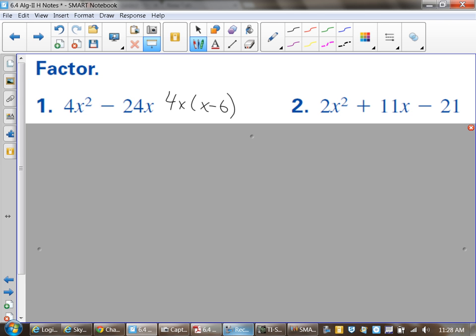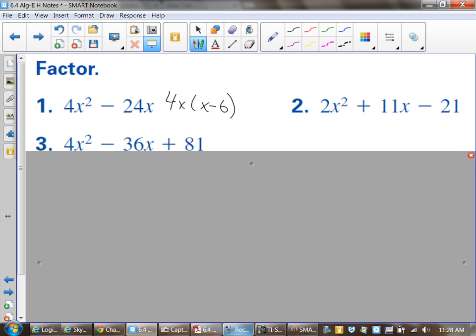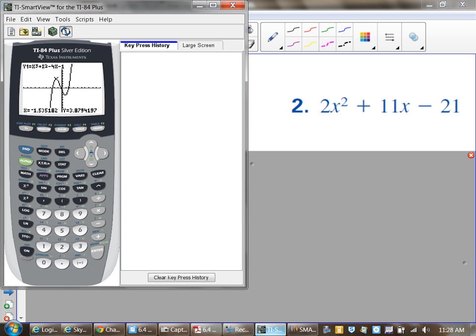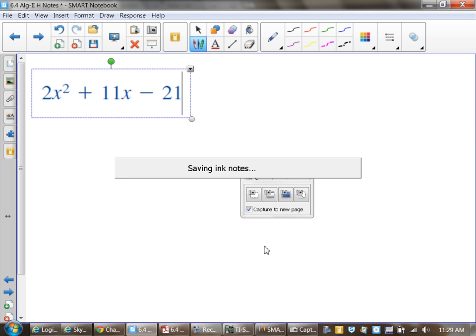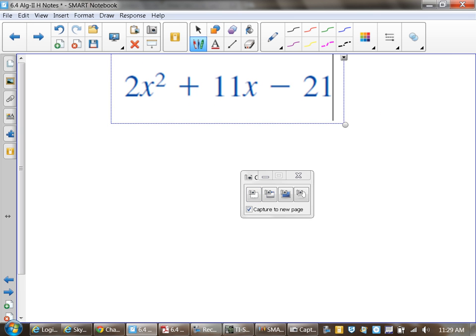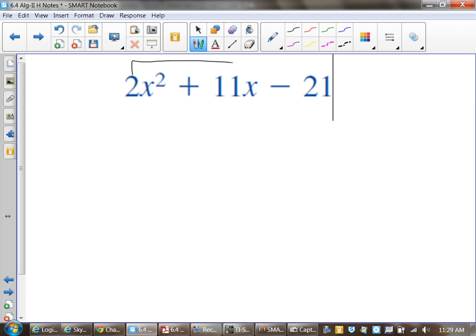Also, when it comes to 2x squared plus 11x minus 21, that's a leading coefficient not equal to 1, isn't it? Which means you have to factor by grouping. So we multiply.